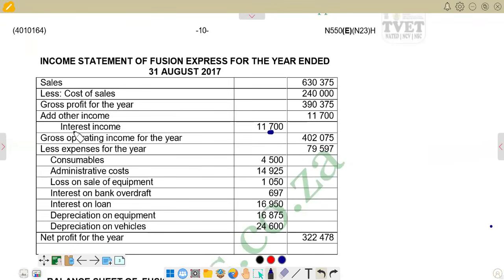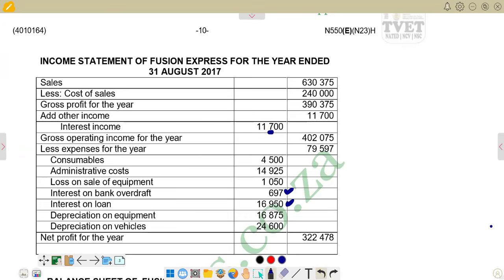If you come to our income statement, you see that we have got interest on the bank overdraft, which is 697 here, and also interest on loan, which is 16,950. So we have got two interests, so we are supposed to add 697 plus 16,950.